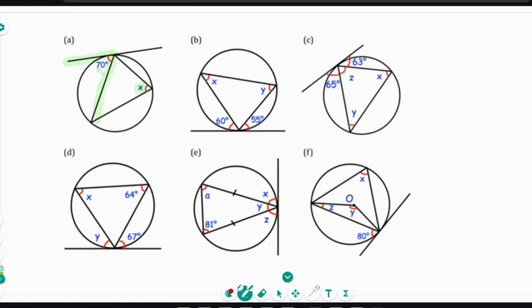So X and 70 are the same. I feel like it helps highlighting. So if you want to print screen the page, do it that way. Y is 60. And then from the other side, X is 55.